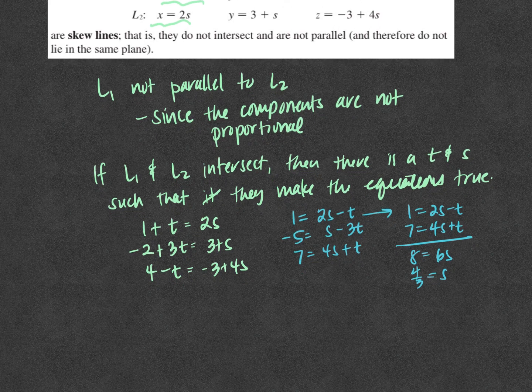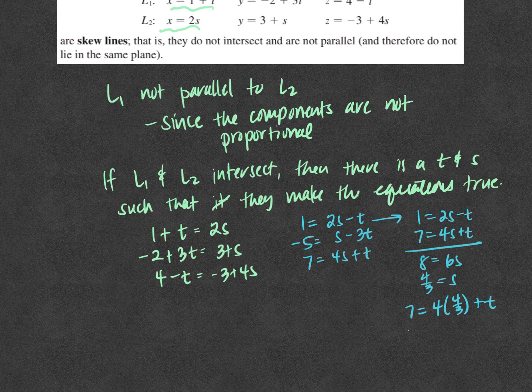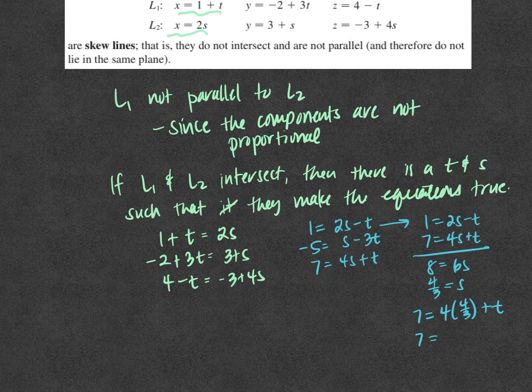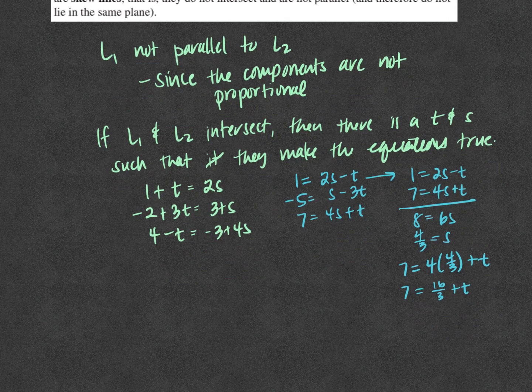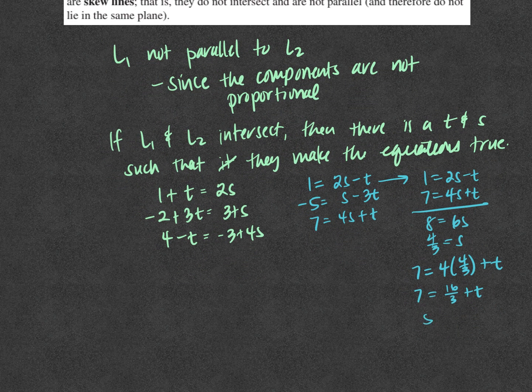So now let's plug that into, let's say, the bottom one. 7 equals 4 times 4 over 3 plus t. So 7 equals 16 over 3 plus t. So if we subtract it over, 21 minus 16 is 5. So 5 over 3 equals t.